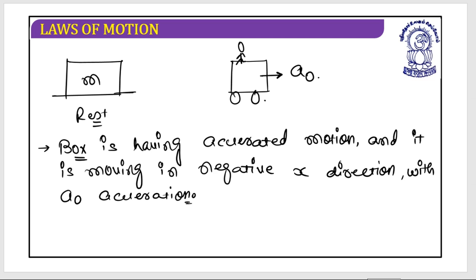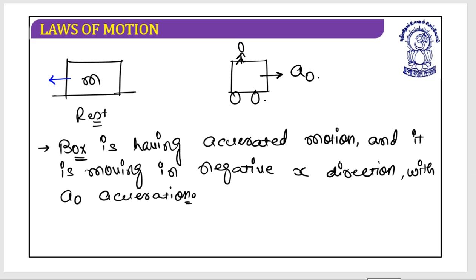Read this one more time. What you are supposed to observe is that this box is having accelerated motion. Even though it is at rest, you are going to feel that it is accelerating and moving in the negative x direction, and its acceleration would be a naught.